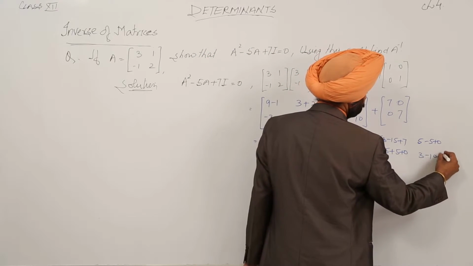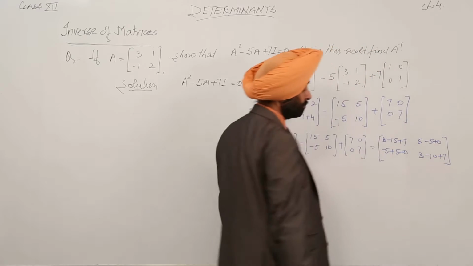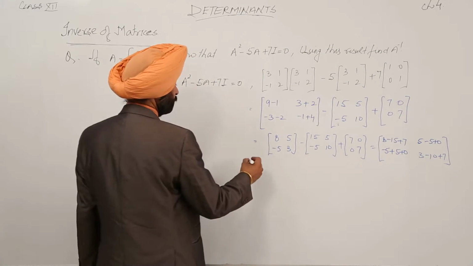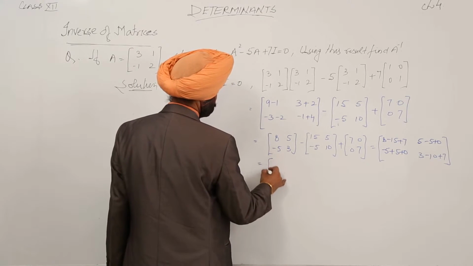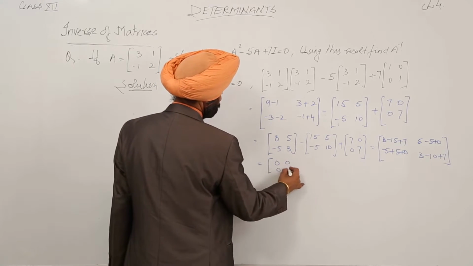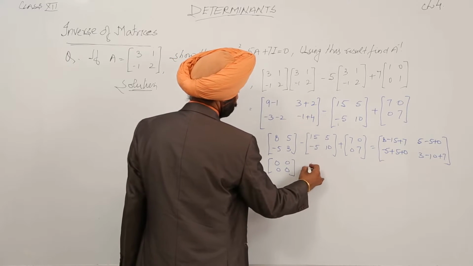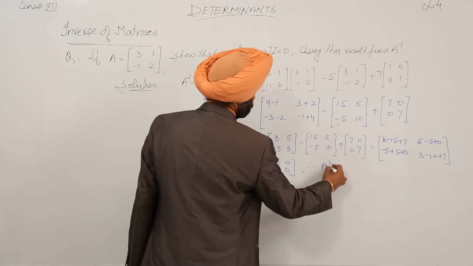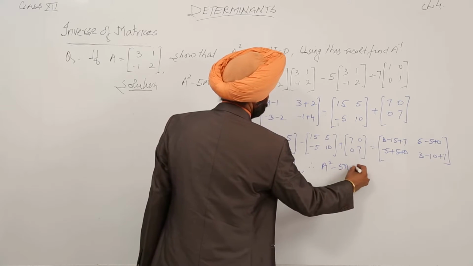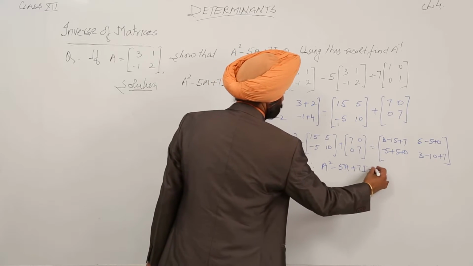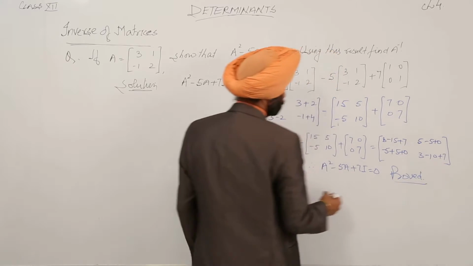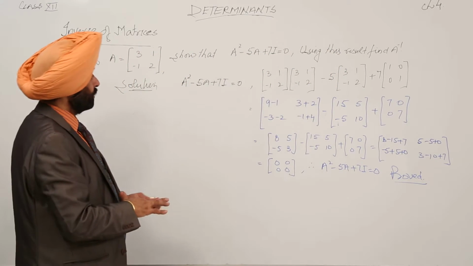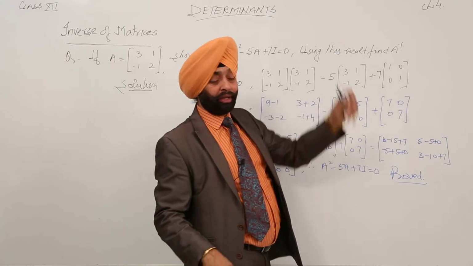So we got [[0, 0], [0, 0]]. Therefore, A squared minus 5A plus 7I is equal to 0, and this part is proved. Now, using this result, we have to find A inverse.